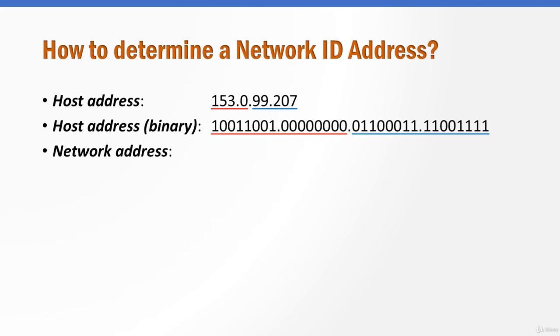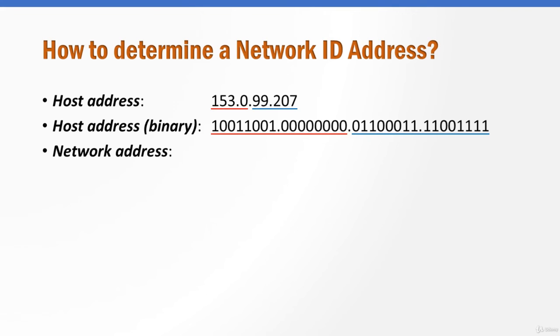We're just going to look at one more example of how to determine a network ID address and how to determine a broadcast address. In this example, we're going to use host address 153.0.99.207. And this is the binary representation of this address. The red part is going to be our network portion, and the blue part is going to be our host portion.